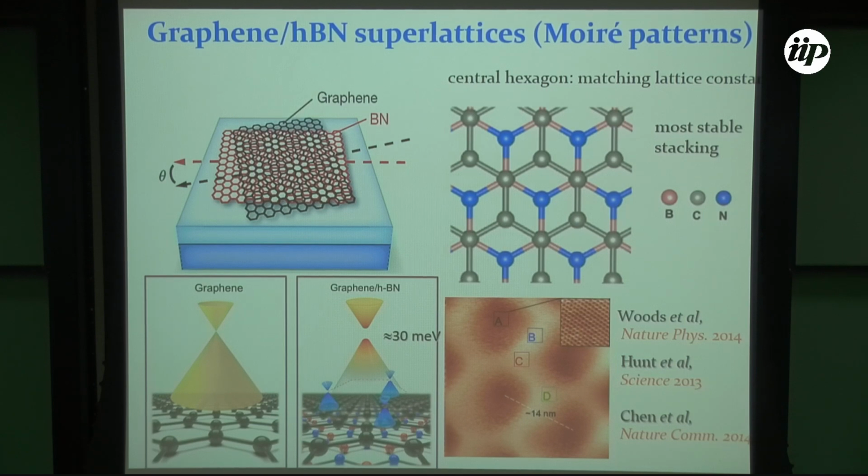You have the boron on top of one carbon, like a sublattice, and the nitrogen is too far from the other sublattice. So it's a complete breaking of the symmetry, a stable configuration. But in other types of commensurate alignments, you create a different moiré, which does not result in a full band gap.